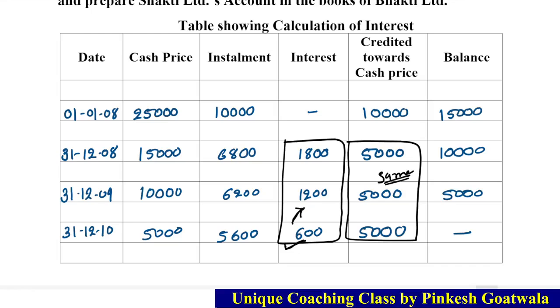Here 600, 1200. Okay, now 3 times 1800, then 4 times, 5 times, it will continue like that.